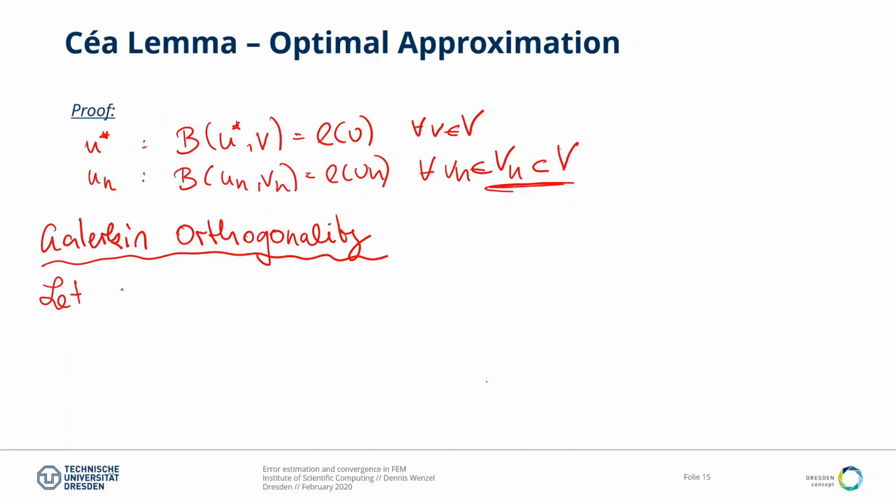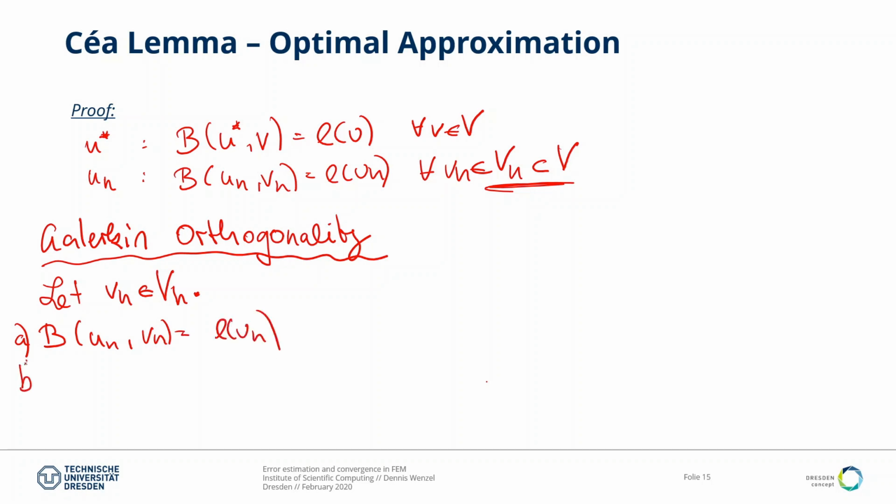So let's look at some discrete test function. Okay, so we are going to take a test function VH in our space VH. And then, that's what I just mentioned, we have the fact that B of UH, our discrete solution, and VH is L of VH.